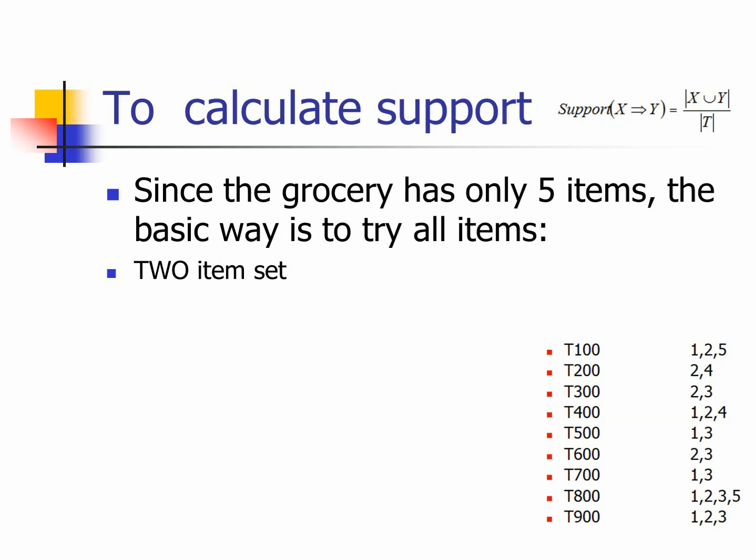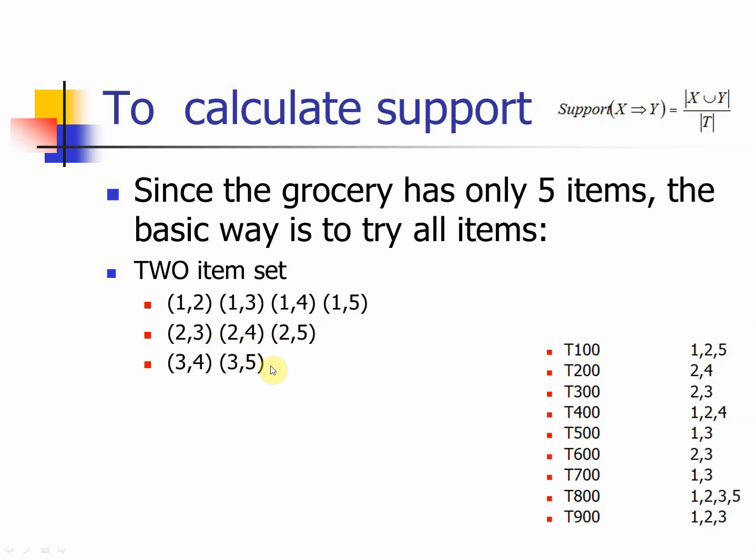Therefore, we need to find all possible combinations. Item 1, 2, item 1, 3, item 1, 4, item 1, 5. And of course, we can also see item 2, 3, 2, 4, and 2, 5. And now starting from 3 to 4, 3 and 5, and 4 and 5. For all of these combinations, we want to see how many times they have been purchased together.